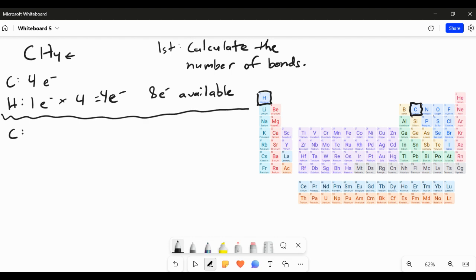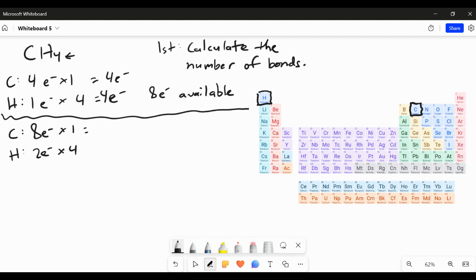So carbon wants 8 electrons. Hydrogen wants 2 electrons because, again, it's only in period 1. But again, there are 4 of these. To clean this up and make it look nice, I'll multiply those by 1 so you can see that clearly.